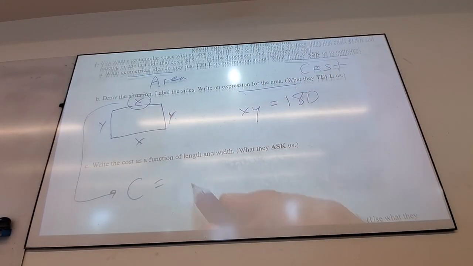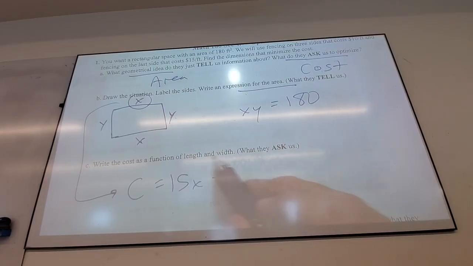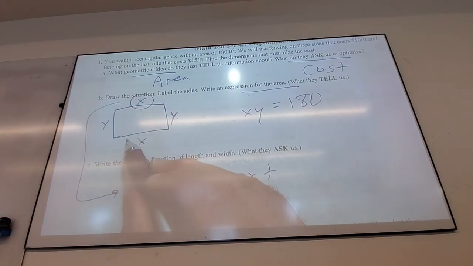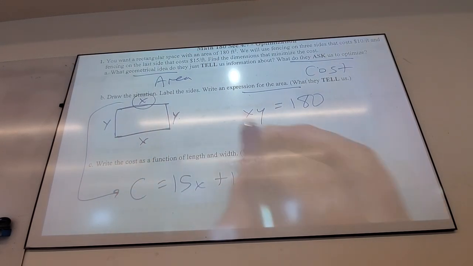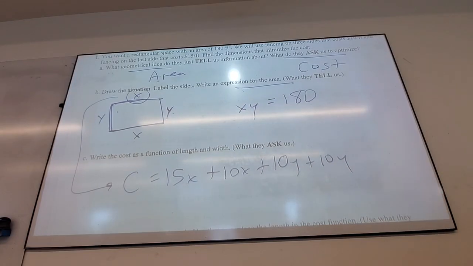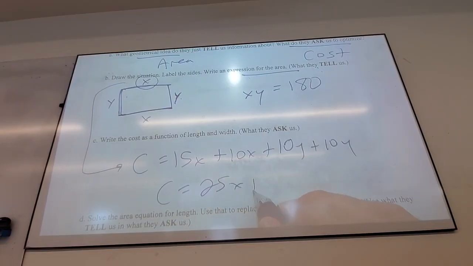What else do I have to get done? All right, good. The other side will be 10x, plus 10y plus 10y. So cost is just adding up all your costs to get the total cost. So this is going to be 25x plus 20y.